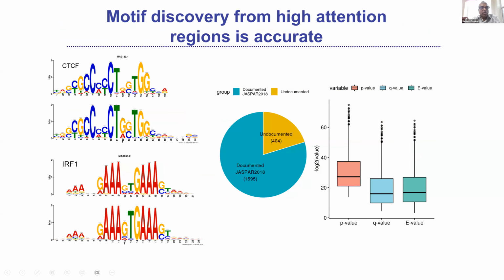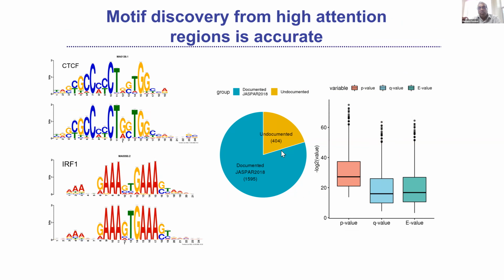So for example, this is a summary of all the ChIP-seq files. After analyzing all the ENCODE data, we did unbiased motif finding using the ChIP-seq peaks, without the help of position weight matrices. 1,595 motifs actually overlapped with the JASPAR database.